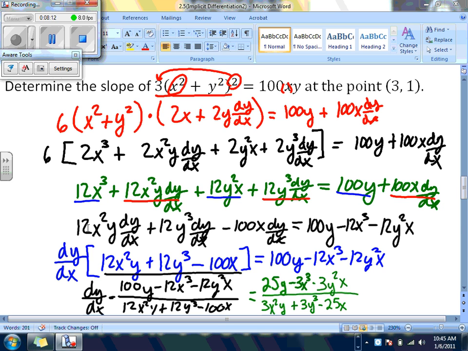So to go back to the actual question, they want us to figure out the slope at the point (3,1). So all that's left now is I just need to plug 1 in for y and 3 in for x. And we'll get our answer.